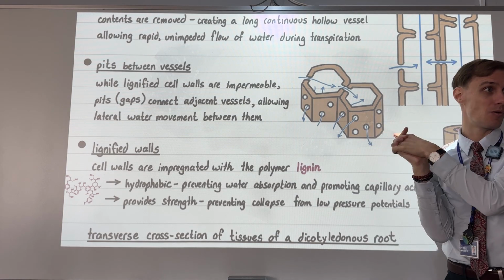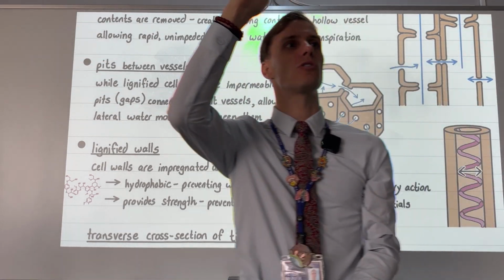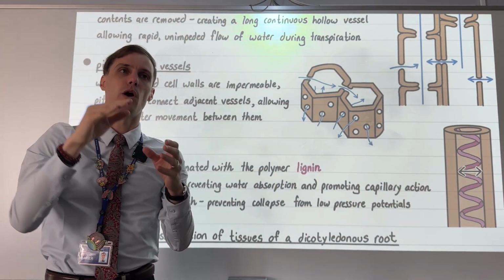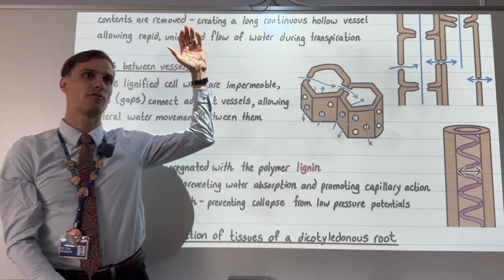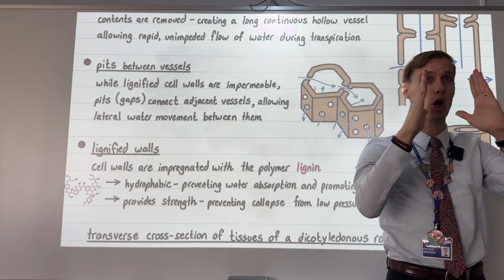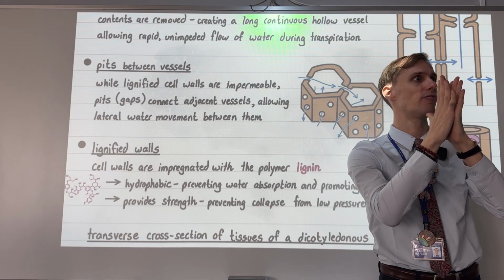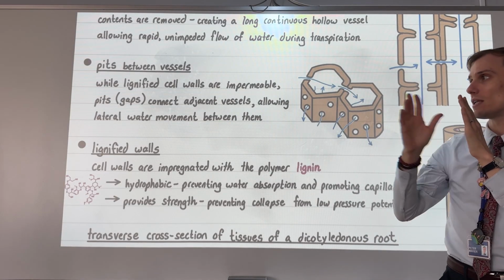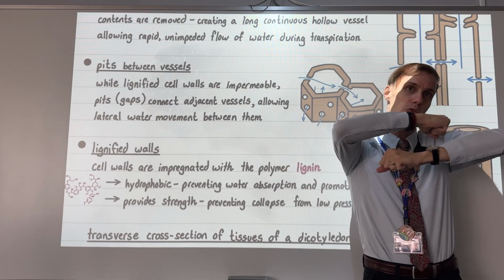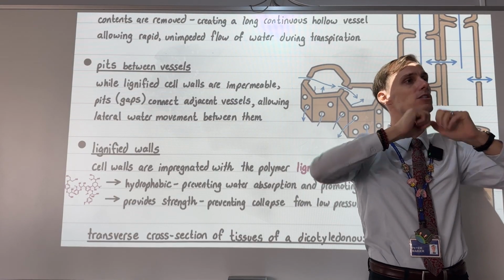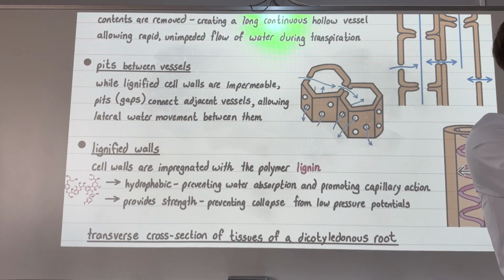That's what would happen with the enormous pressure differentials of a plant. You have huge pressure differentials, and that would actually, at low pressure, cause the xylem to collapse in on itself. We don't want that. So lignin is actually used to bolster the sides to prevent that from collapsing.